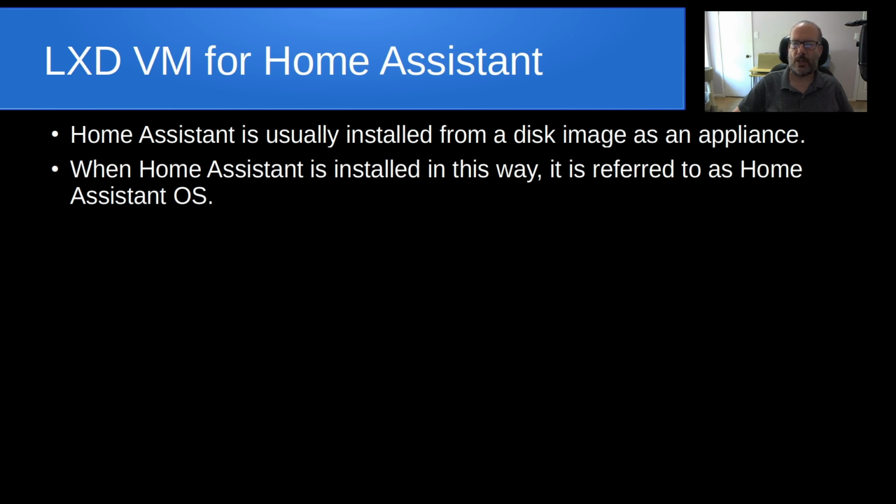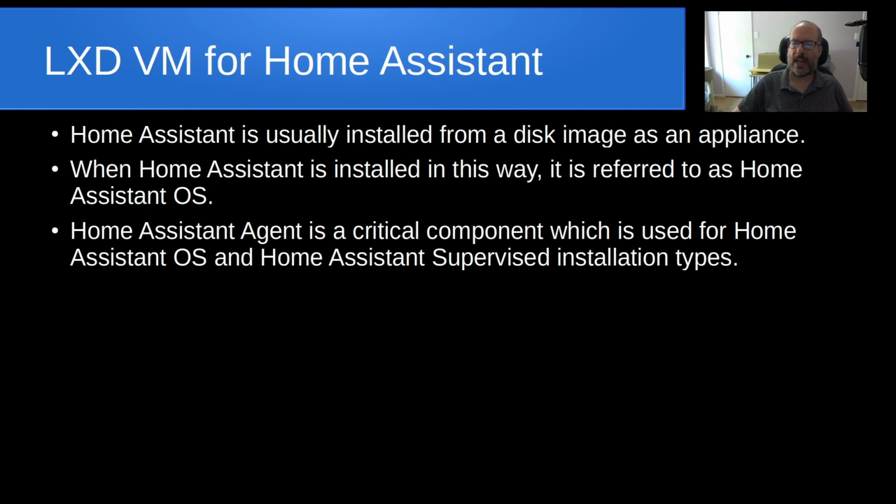So when Home Assistant is installed in this way, that is from the disk image, it's referred to as the Home Assistant OS. It's basically kind of a no user serviceable parts inside and not really something amenable to installing to a LXD virtual machine. So Home Assistant Agent is a critical component which is used both for Home Assistant OS, the image, and the Home Assistant Supervised installation type, which we're going to discuss here.